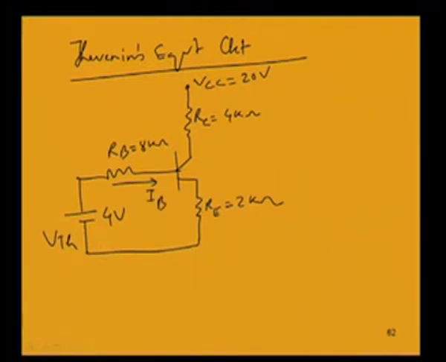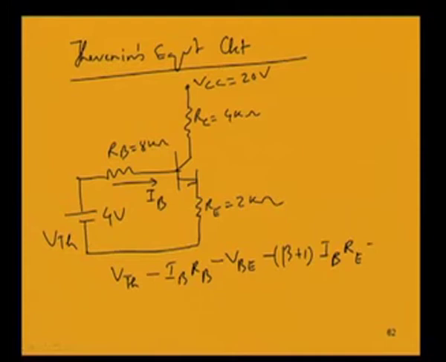This is IB, the base current. So in this circuit, V Thevenin minus IB RB minus VBE minus (beta plus 1) IB into RE is equal to 0. Replacing these values, 4 minus IB, which we do not know, RB is 8, minus 0.7 minus (100 plus 1) into IB into RE which is 2, is equal to 0.